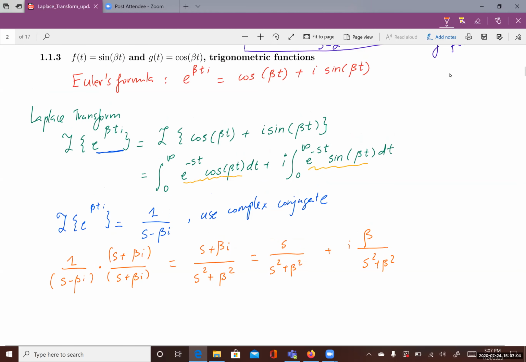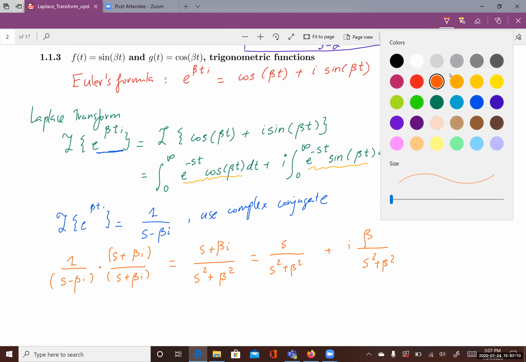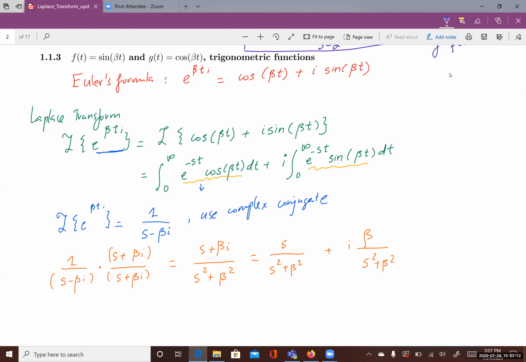And as we know, the real part of this Laplace transform is going to be the Laplace transform of cosine. The real part, right? And the imaginary part is going to be the Laplace transform of sine.